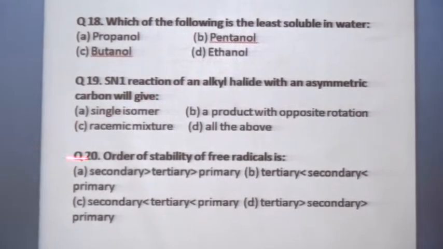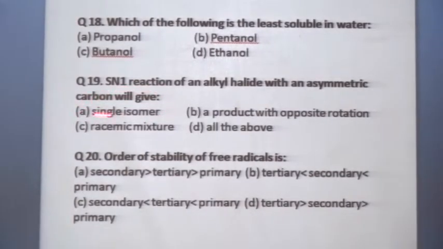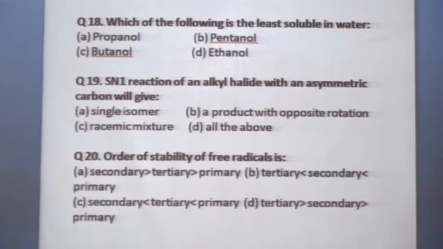The reason is racemic mixture is the right answer. See, the reason why all of the above is wrong is because you are not getting a single isomer. You are getting a product with opposite rotation. You are getting both. Inversion as well as, what was the other term? Retention. Very good. Inversion as well as retention.